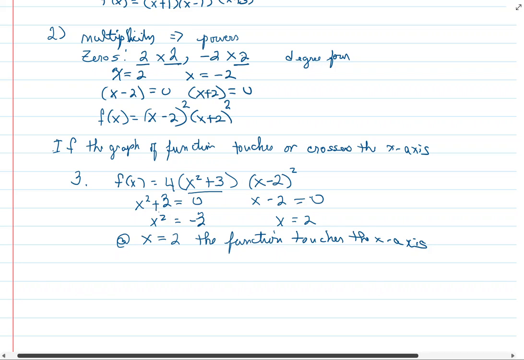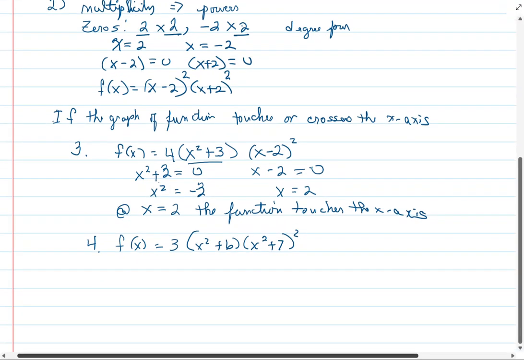All right, we're going to do number 4. Number 4 has f of x equals 3 times x squared plus 6 and x squared plus 7 squared. We understand that x squared plus 6 equals 0, because that's a factor, and x squared plus 7 equals 0.